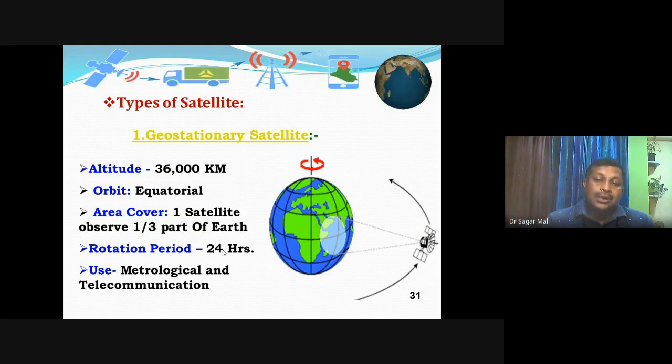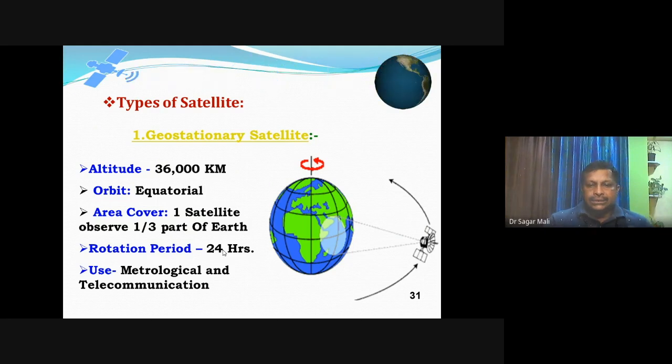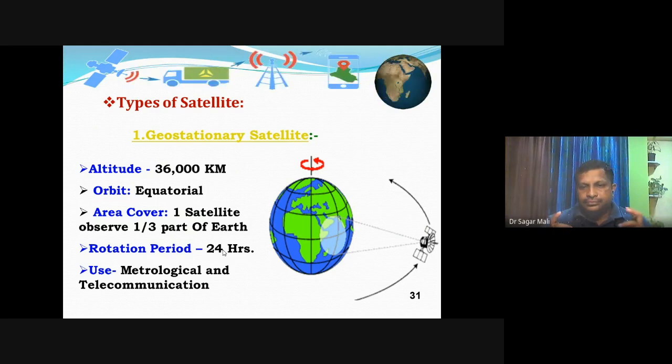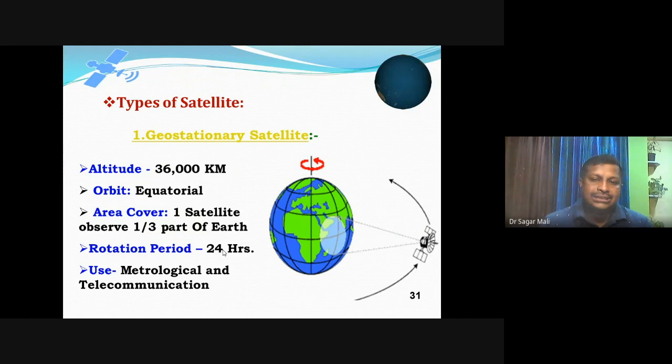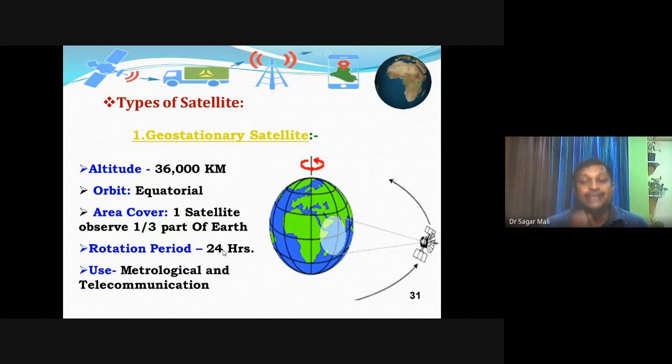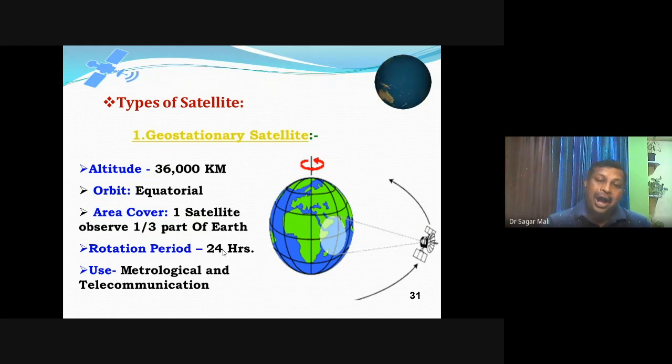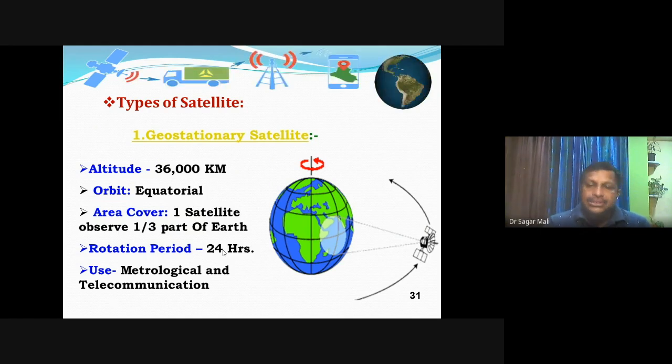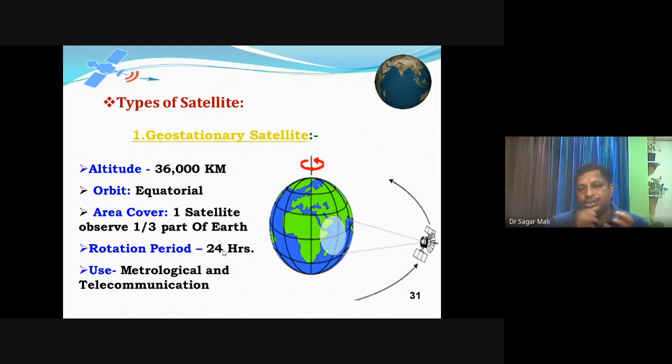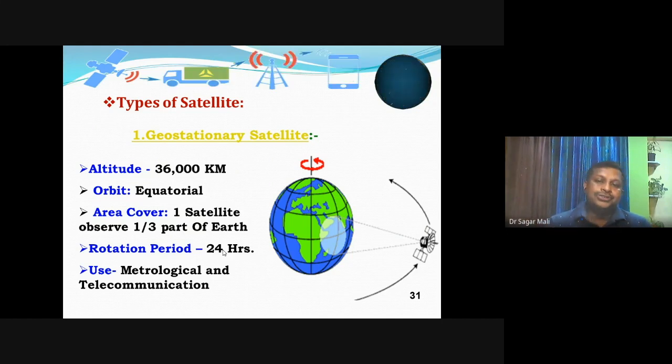Geostationary satellites are also called synchronized satellites. The rotation is synchronized with the rotation period of the earth, and that is why they are called geostationary satellites. It seems stable because the rotation of the earth is synchronized with the rotation of the geostationary satellite, which is 24 hours.